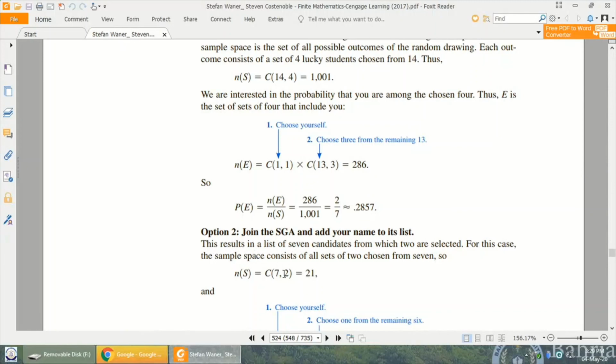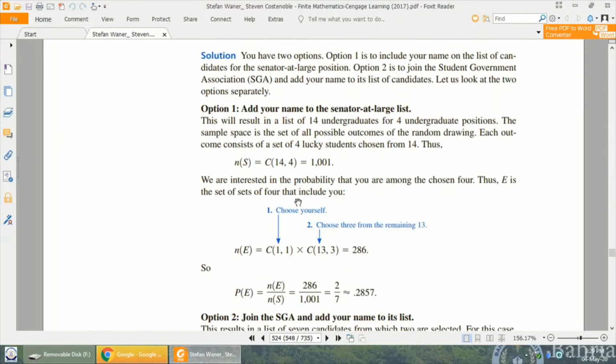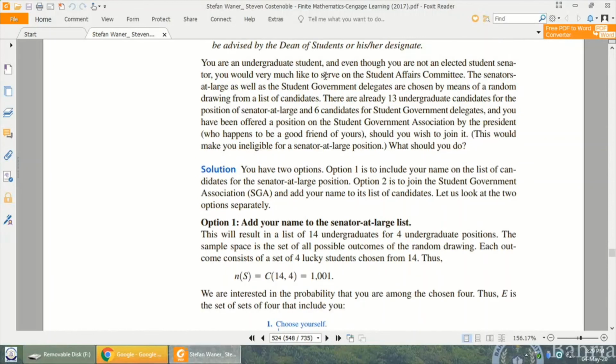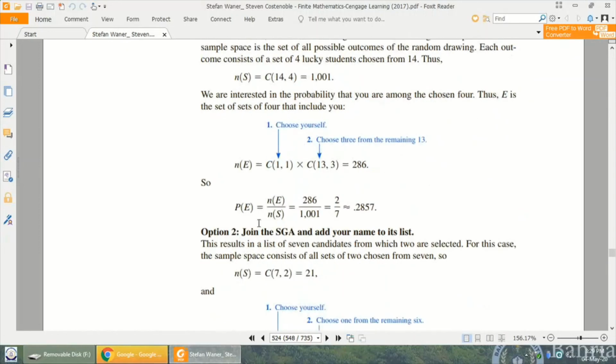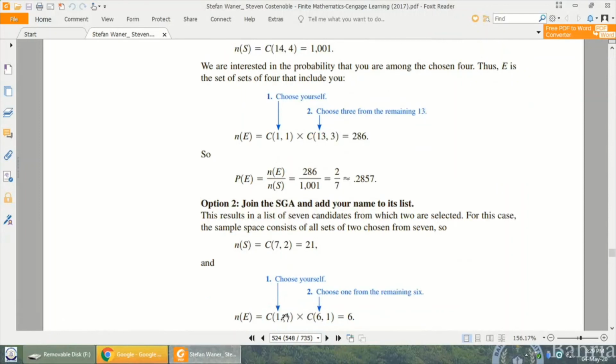And in this case, you did not initially include yourself in this condition that was applied. So the condition was that there were 6 candidates and you were not elected. So when you add yourself, then there are 7. And the option that they have given to us in this is that 2 are selected, right? So that is the total sample space. So when you are choosing yourself out of it, you have 1 to choose from and then 6C1.